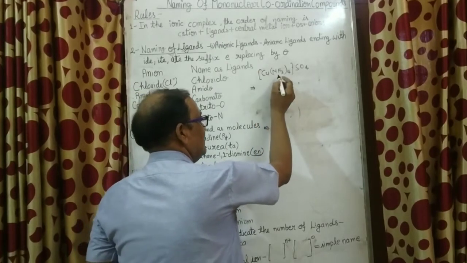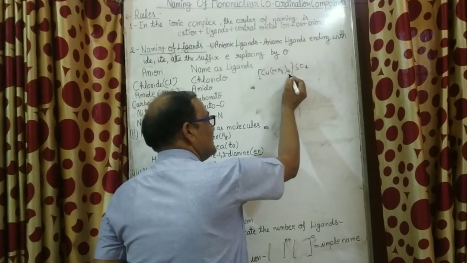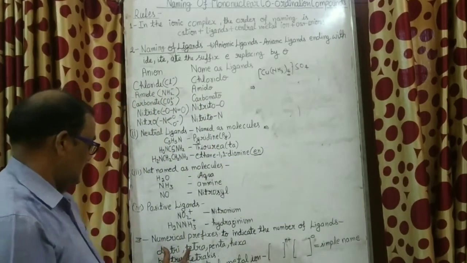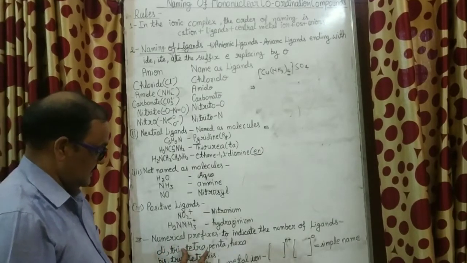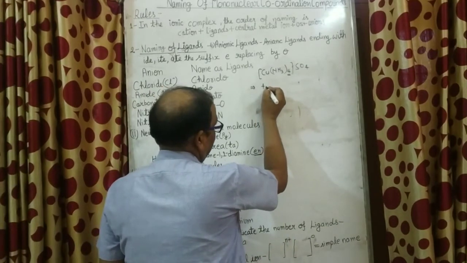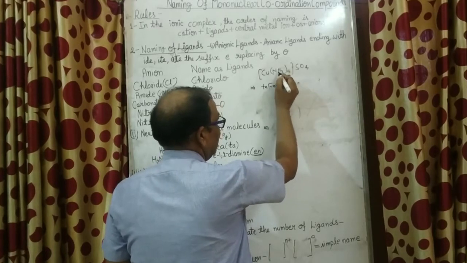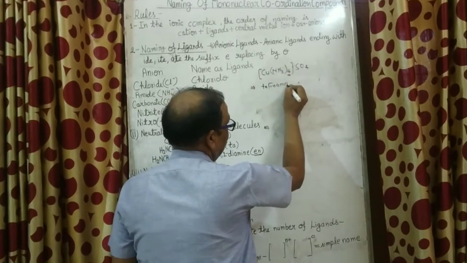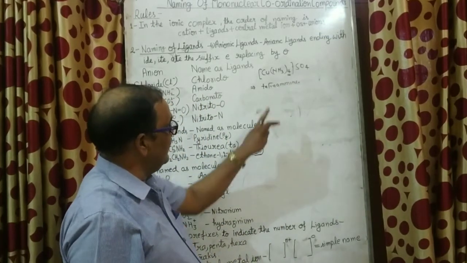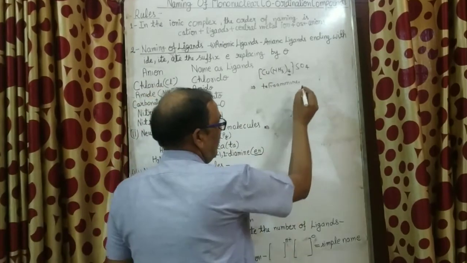So first we will write the name of the ligands, and how many ligands are present here? There are 4 ligands, so the prefix is tetra, and the ligand is ammine, so tetraammine, and the central metal is copper.